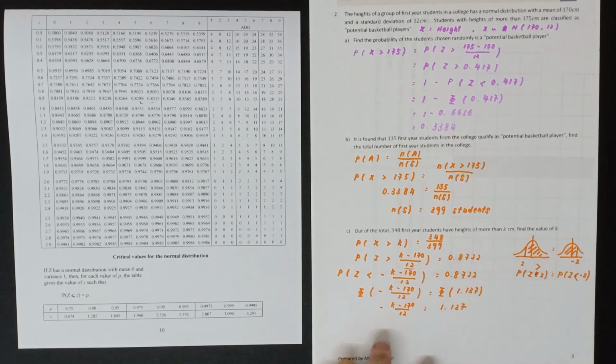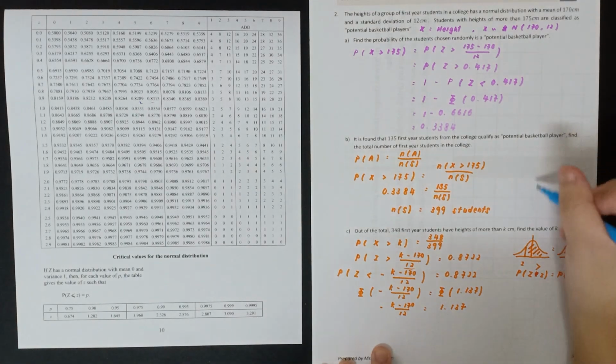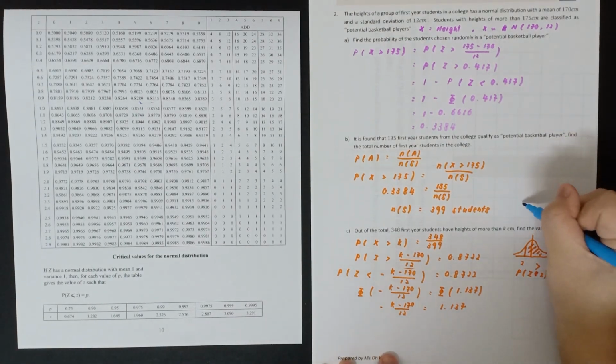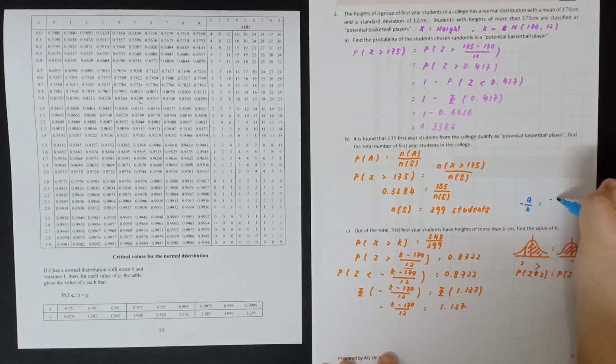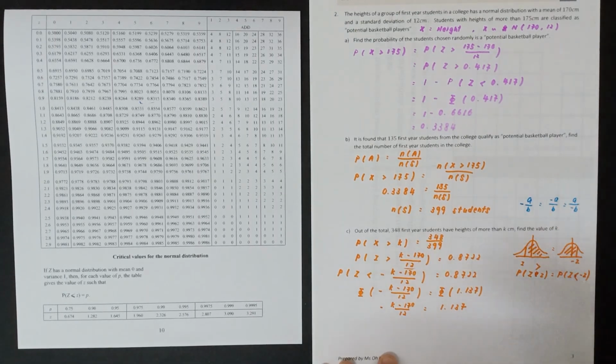Okay, the idea is like this, I'll try to write it here. When you have negative a over b, it is equal to either negative a over b or a over negative b. It cannot be both a and b negative, because then the negatives will eliminate and it will become positive already.